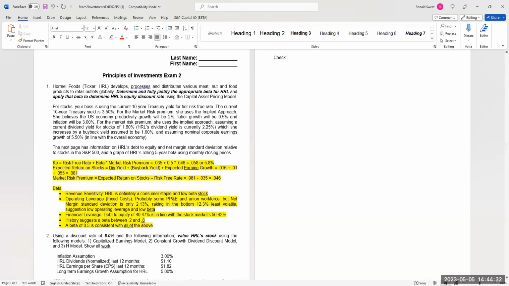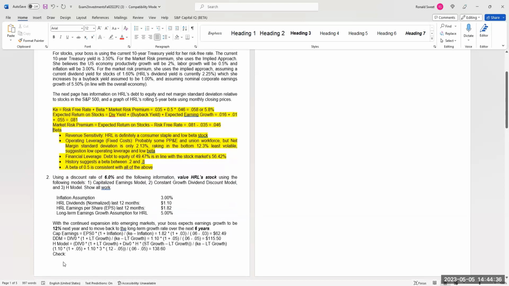You take the second part of that formula, 1.10 times 3 times 0.12 minus 0.05, divided by 0.06 minus 0.05, and you get 23.1. 23.1 plus what you got on the dividend discount model, 115.50, should equal the H model, 138.60.